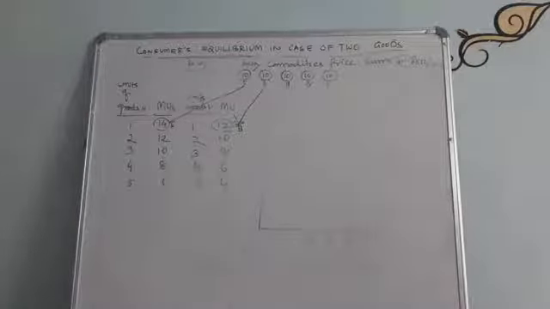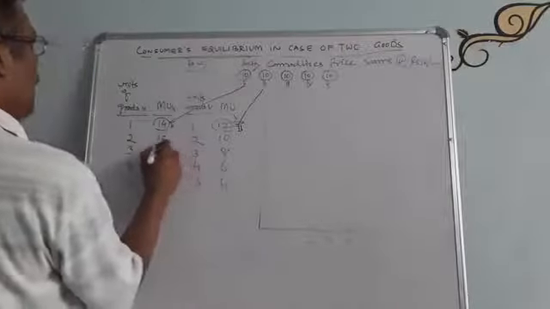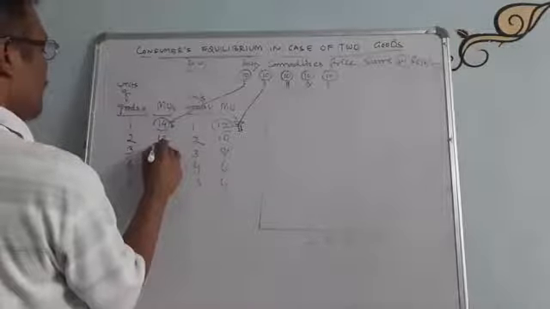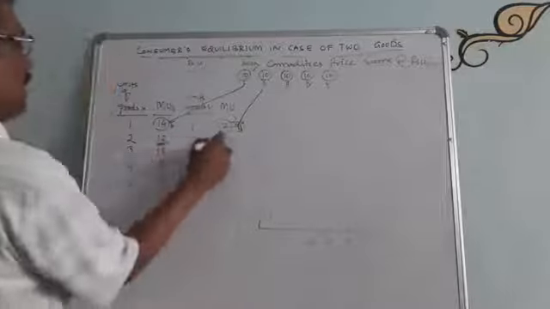And similarly, for the third coin, if he purchases the second unit of goods X, he will get marginal utility 12, and here it is 10. So 12 is greater than 10.